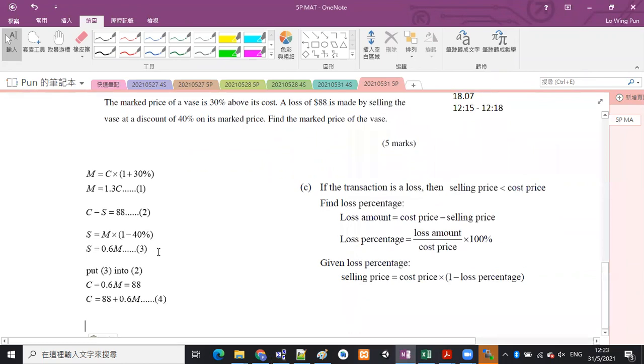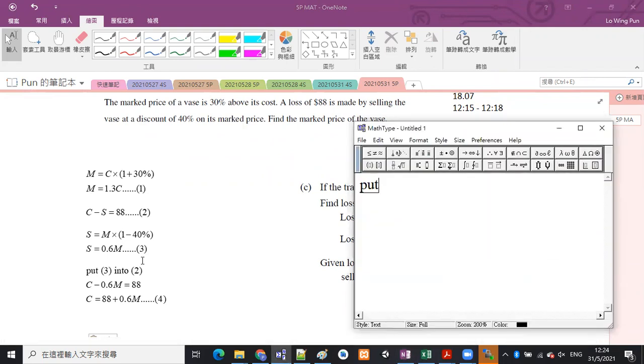Because the question asks us to find the mark price, I should express everything else in terms of M. Now I just put the C back into equation 1, and then I can get an equation involving M only. Put equation 4 into equation 1.